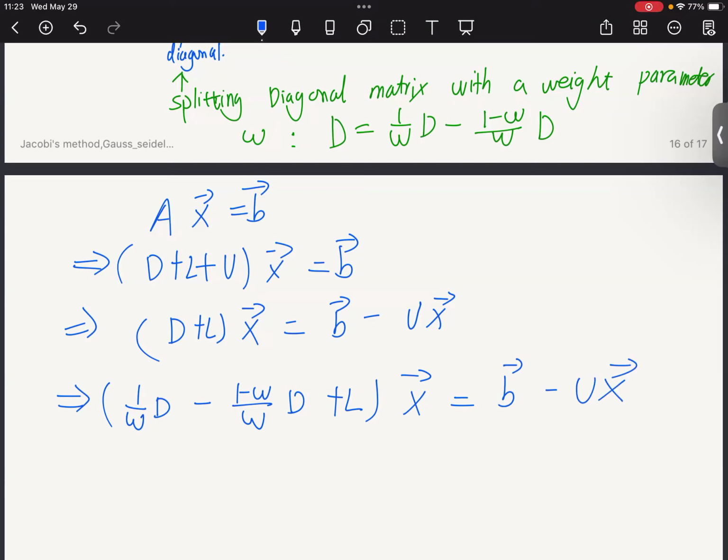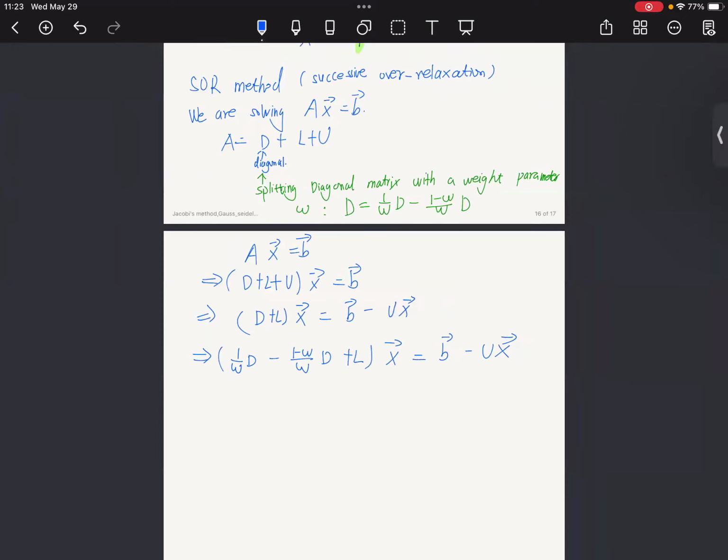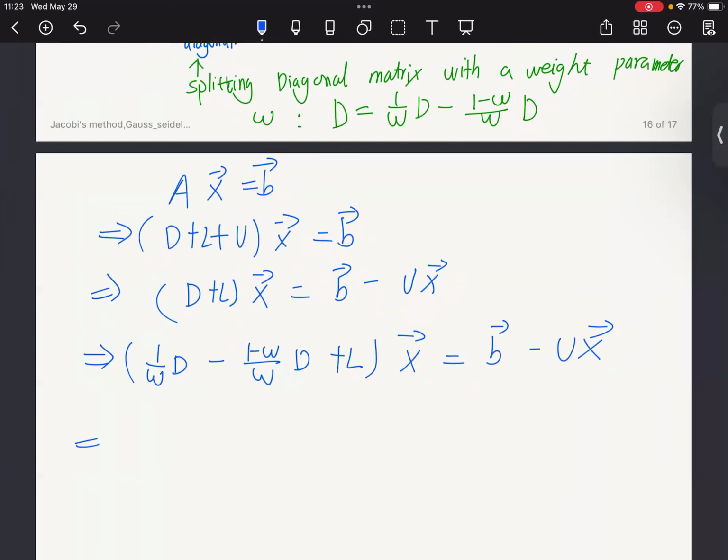For this part, I'm going to multiply both sides by omega. I get D minus (1 minus omega)D plus omega L, and there's an omega here because I multiplied both sides by omega.